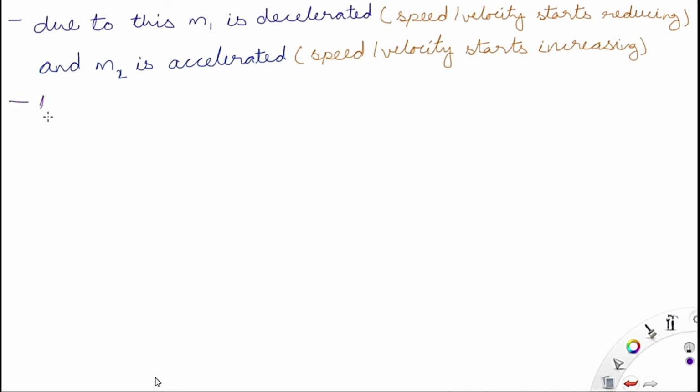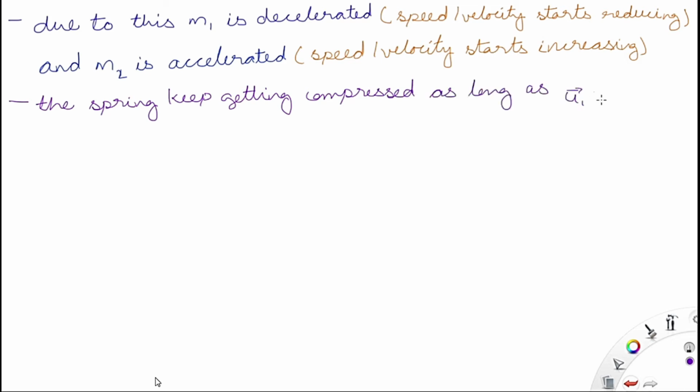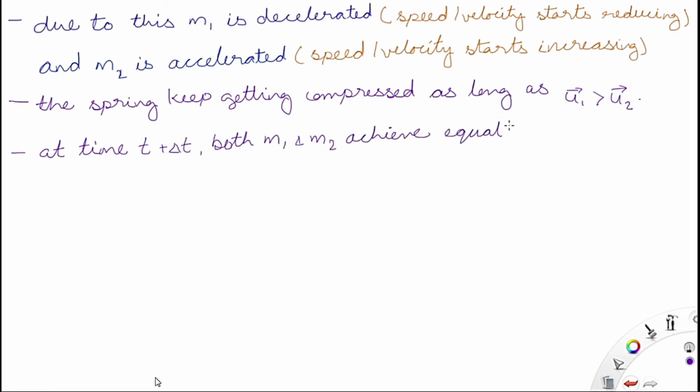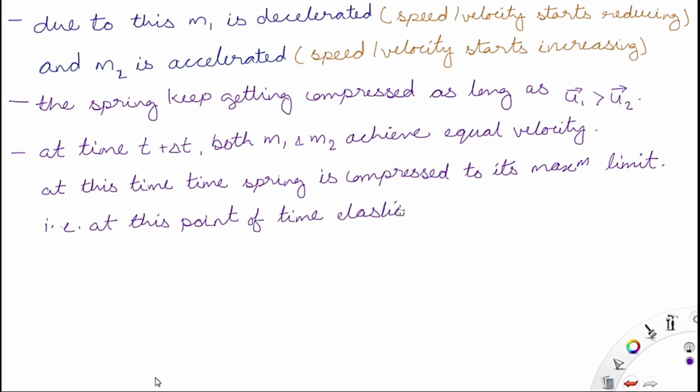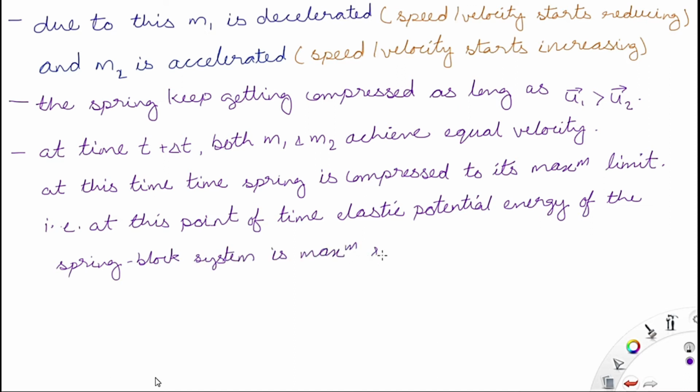Now the spring keeps getting compressed as long as u1 is greater than u2, meaning the velocity of mass m1 is greater than that of mass m2. Up to this condition, the spring will keep getting compressed. But after an additional time interval of delta t, that is, at time t plus delta t, both m1 and m2 achieve equal velocity.